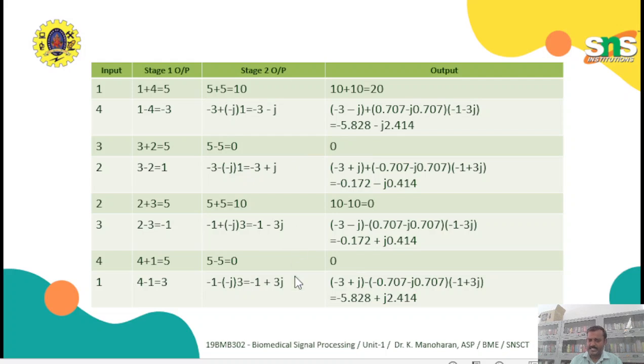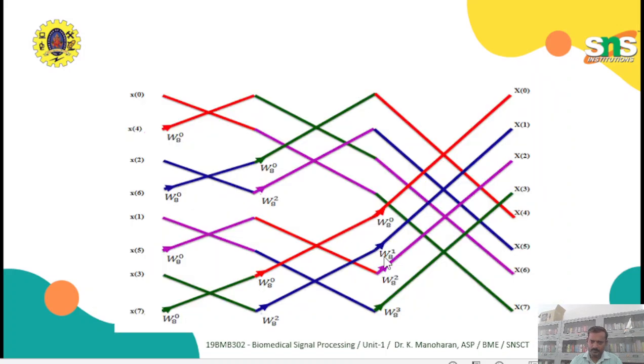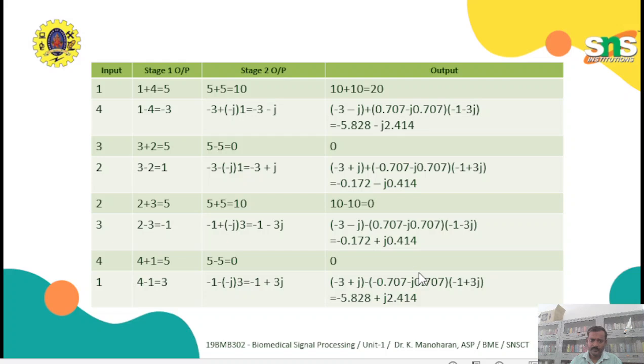And the last butterfly, look at the inputs. Look at this green butterfly. We need to consider the fourth input and the last input. Look at this. This is minus 3 plus j and this is minus 1 plus 3j. We need to take the twiddle factor W8 to the power 3. Look at this.